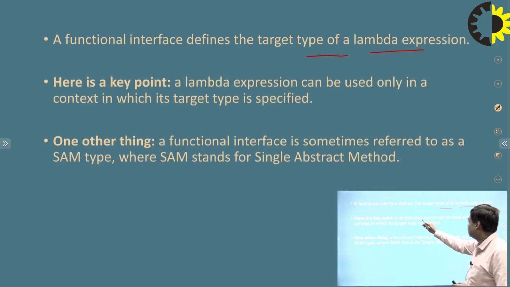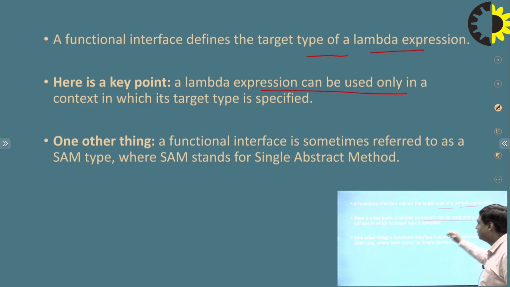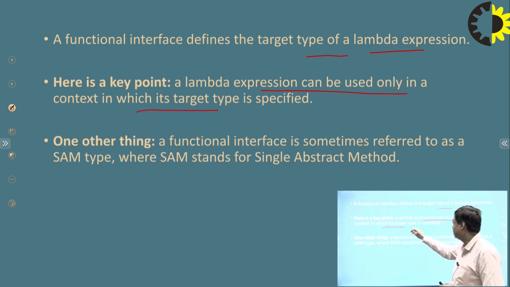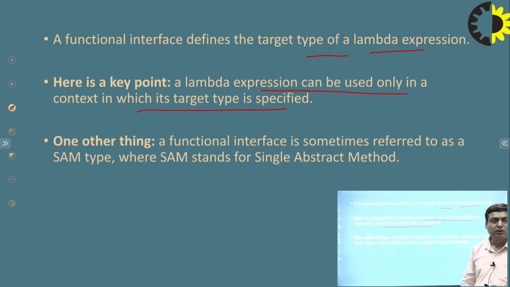So lambda expression can be used only in the context in which its target type is specified. You can say it in a different way. One is lambda expression, second is functional interface. Both are related somehow. Then with the help of functional interface, we execute the lambda expression method.